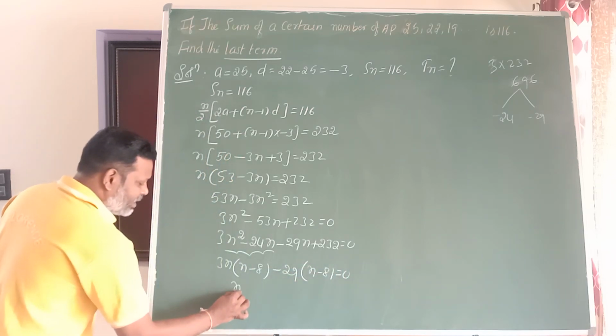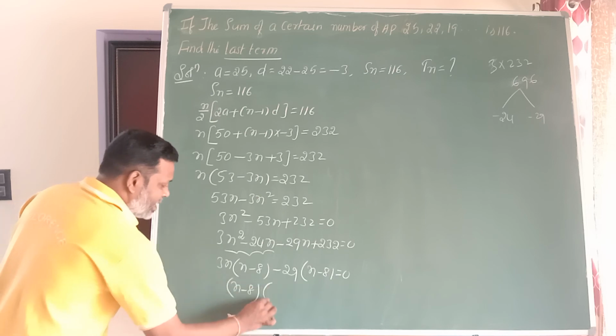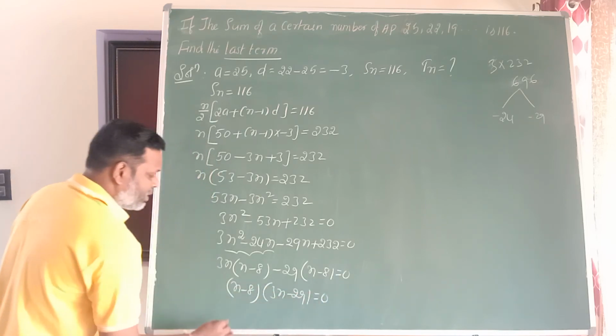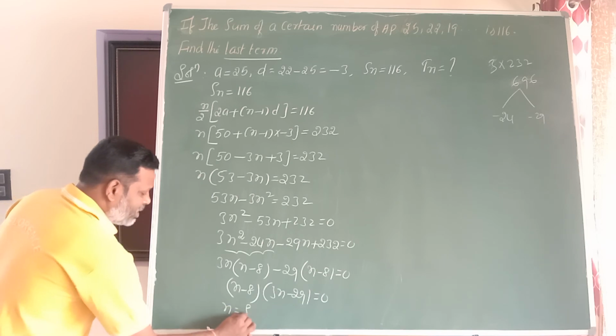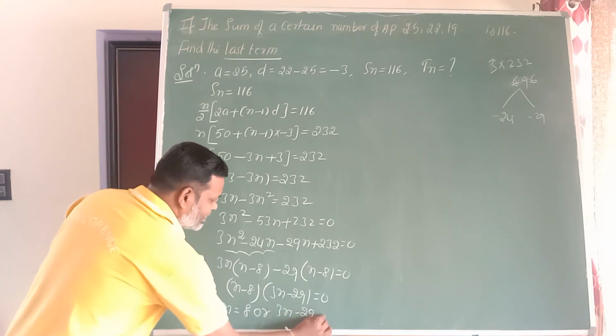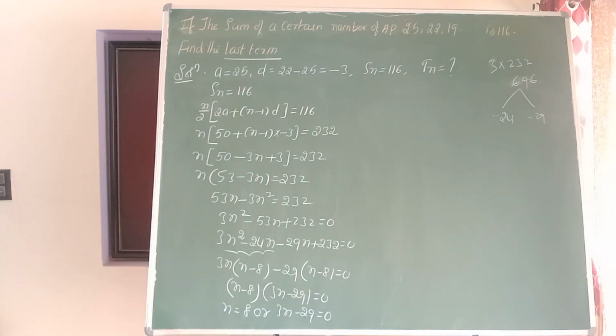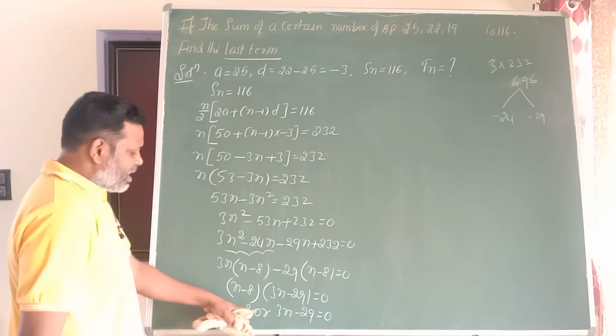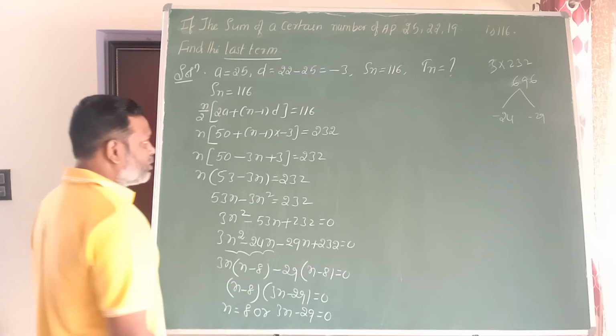From these two things, n minus 8 into 3n minus 29 is equal to 0. What does it mean? n is equal to 8 or 3n minus 29 is equal to 0. Have a look on this. I just factorized the quadratic equation. Got my point?